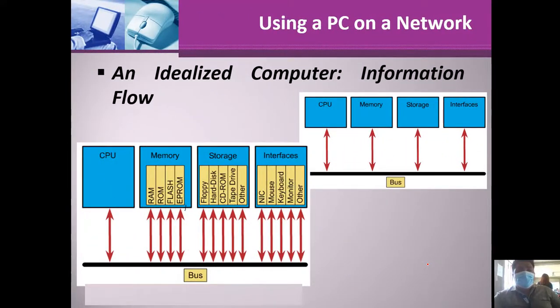And this is an example of information of a certain computer system that uses a network. From the CPU, RAM, storage, interfaces, and then this here is our bus. So this is what your system looks like.